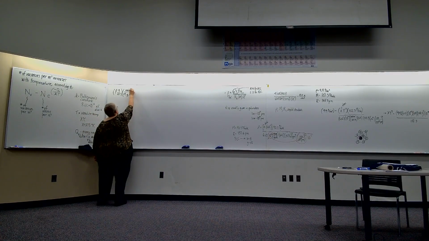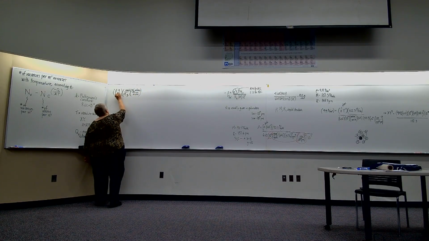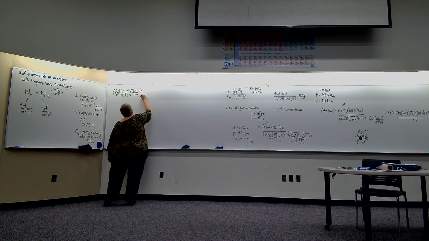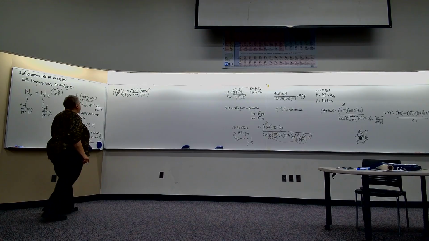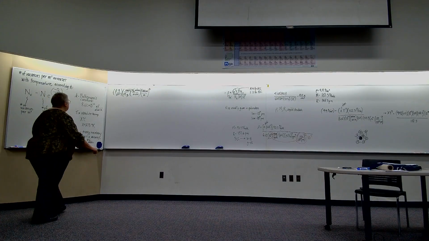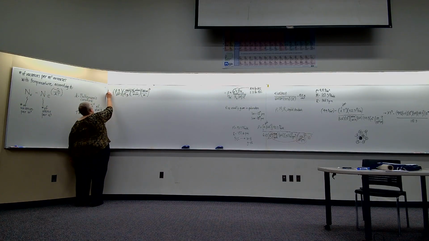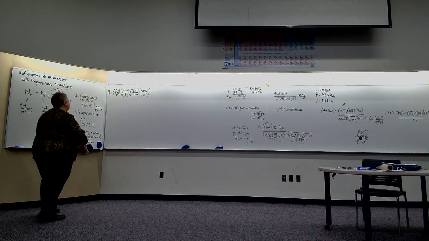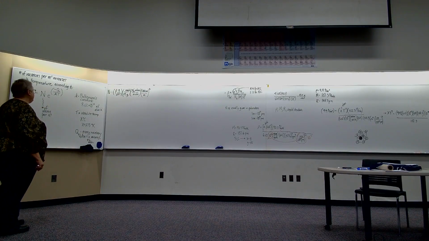And now I can use Avogadro's number in atoms. And since density is in cubic centimeters, I need 100 centimeters per meter cubed. And now I have atoms per cubic meter. As long as I know the density and the atomic mass, I can find that.